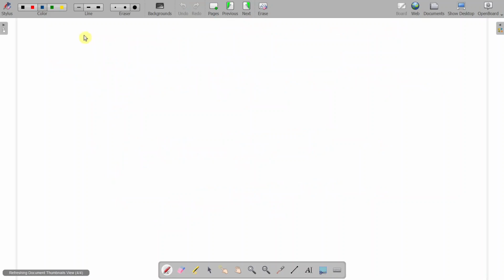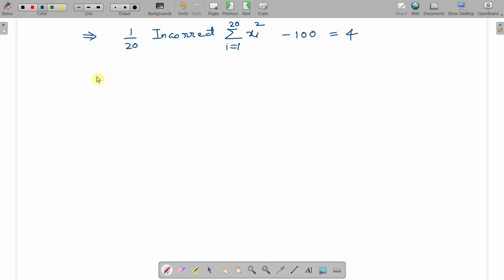So what we will get is 1 by 20 incorrect sum i going from 1 to 20 xi square minus 100 equal to 4, right. So this implies 1 by 20 incorrect summation i going from 1 to 20 xi square is equal to 4 plus 100, as minus 100 will go on the other side, it will be plus 100.